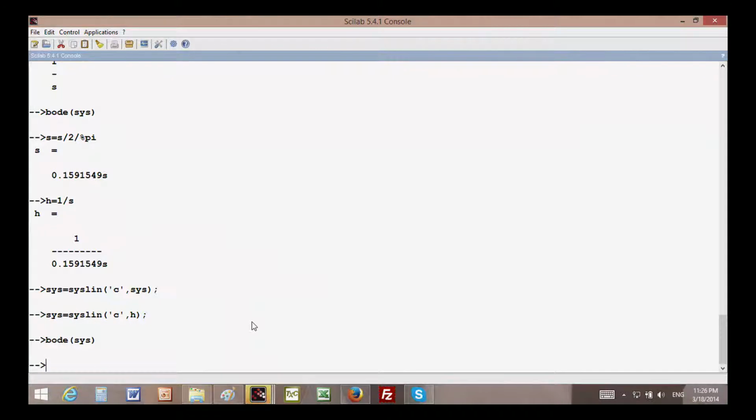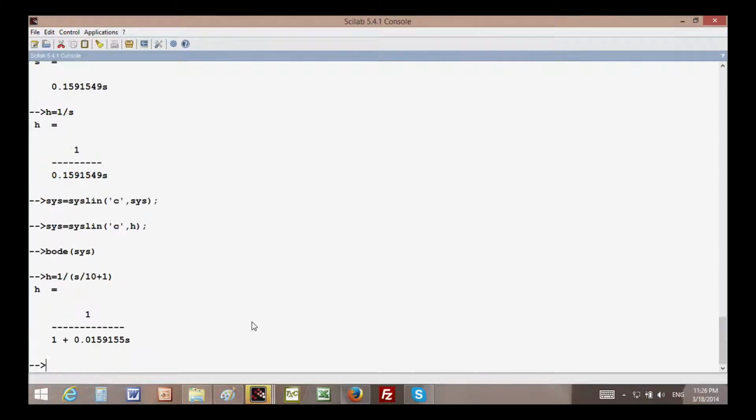Again, I use that trick about changing magnitudes for omega in such a way that we can read the numbers on the horizontal axis as if they were in radians per second. I define h now equal to 1 divided by s divided by 10 plus 1. That introduces a change in what we define by s divided by 10, but we try not to pay attention to that.